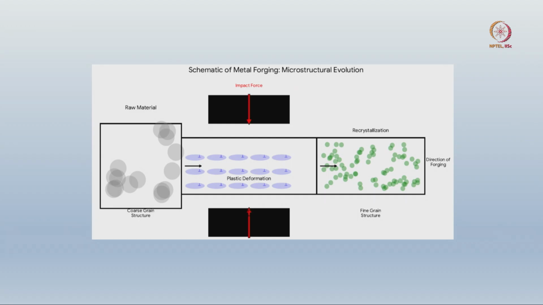Here is a typical example of why in a manufacturing process of many components, large plastic deformation comes up.